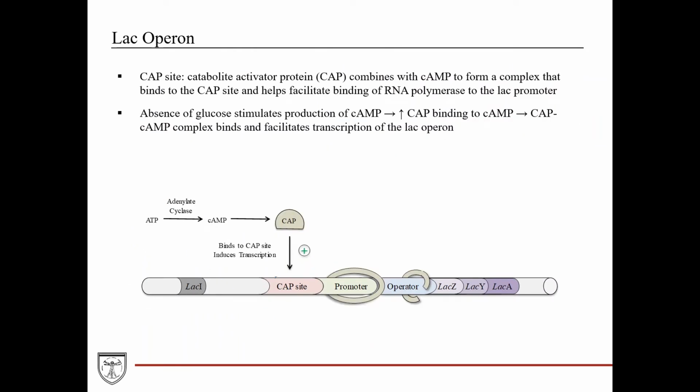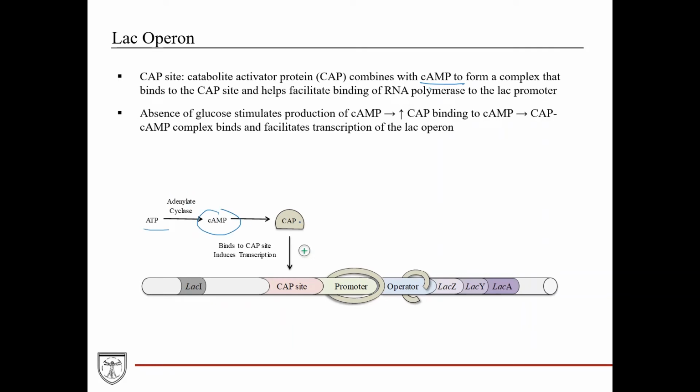Then you have this CAP site here, which is just upstream from the promoter. And the CAP site is where the CAP protein, or the catabolite activator protein, binds. Now in the cell, CAP combines with cyclic AMP, and we show that here. So you have adenylate cyclase that's synthesizing cyclic AMP from ATP.